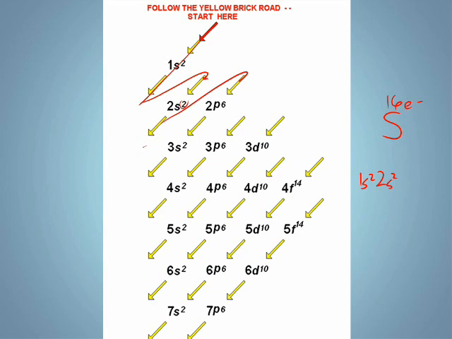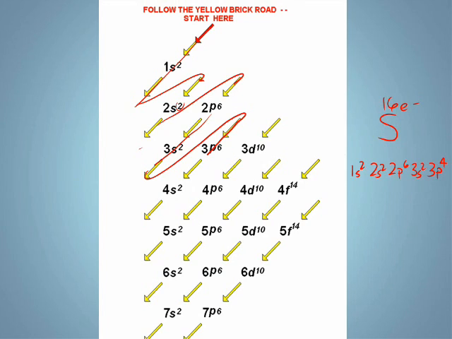We go to the back of the line here. 2p6, that's 10 electrons, and 3s2, that is 12 electrons. We need 4 more. And then we go to this one, 3p4. Sulfur's electron configuration is 1s2, 2s2, 2p6, 3s2, 3p4. And we see that it adds up, 2 plus 2 plus 6 plus 2 plus 4 adds up to 16 electrons.